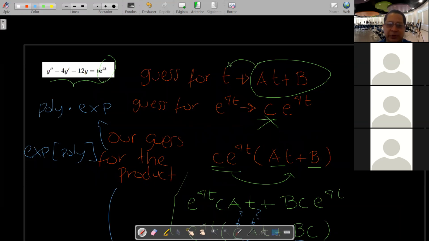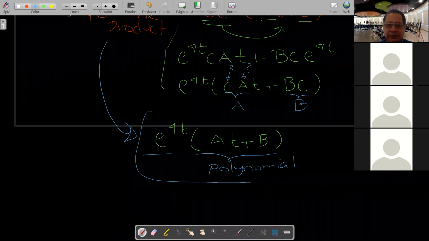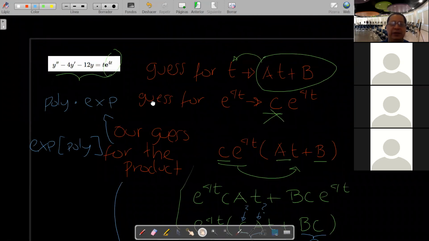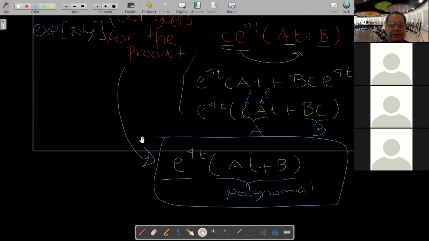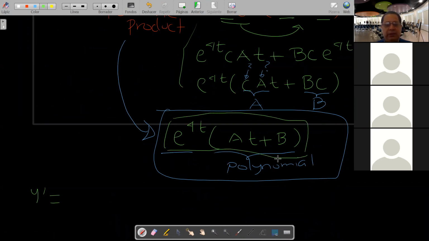And it can be shown, of course, that this guess will be a solution for a case like this one. And let's do that. So we need to get the first and the second derivative. Of course, we need to do some operations. So in the case for the first derivative, we have to find the derivative of a product, of course.